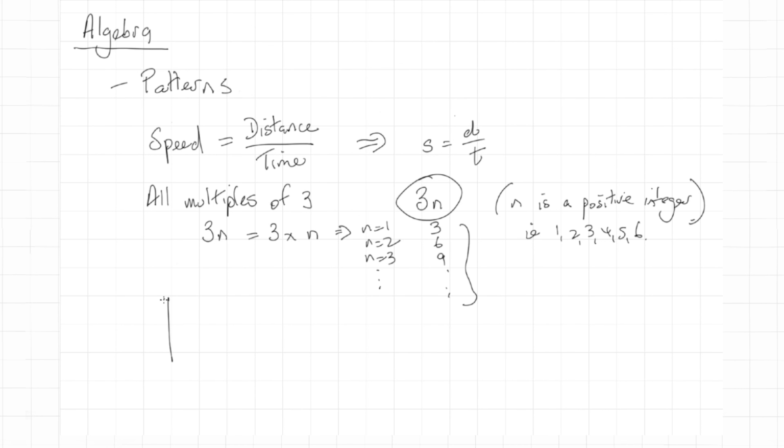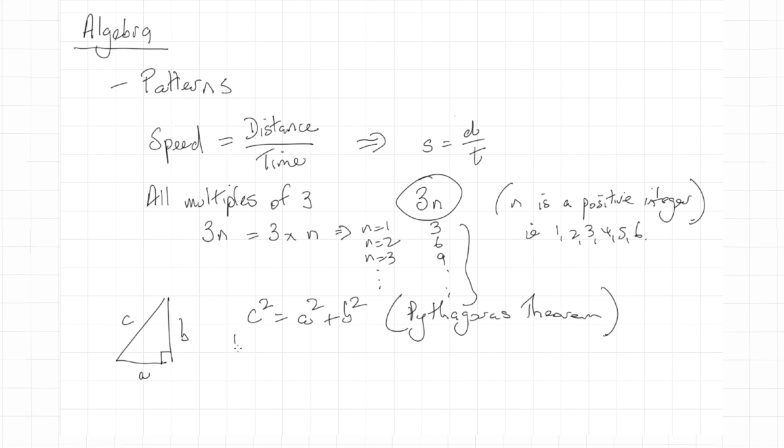You've already seen with Pythagoras that if c is the length of the hypotenuse and we've got a and b, then c squared equals a squared plus b squared, which is Pythagoras' theorem. That's algebraically a pattern.